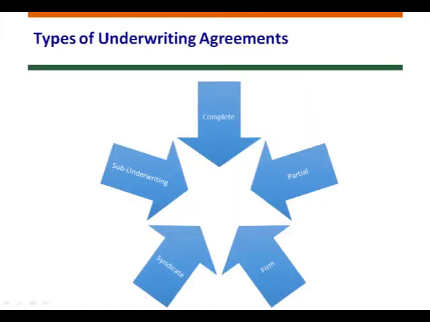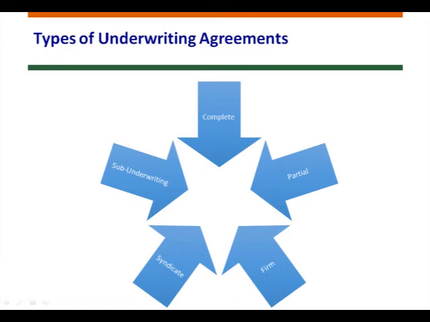Again, we are coming to the point that there are various types of underwriting agreement. So whatever type of agreement there is, the treatment is accordingly different. In case of partial agreement, the treatment is different; from firm agreement, the treatment is different; and accordingly syndicate and sub-underwriting.